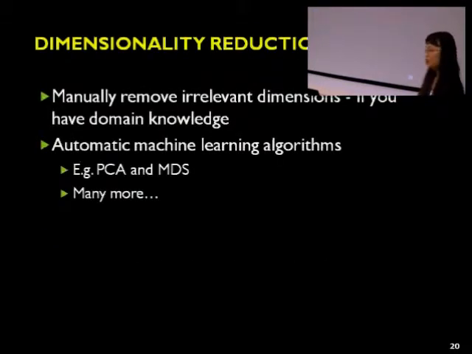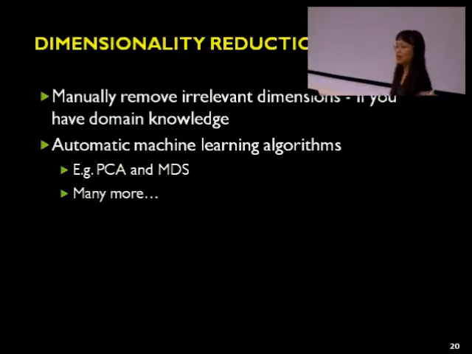I will only briefly mention the main concepts of the two most widely used dimension reduction techniques, namely PCA and MDS. I don't want to be too repetitive, so I will just give you a brief idea of what these algorithms do. Actually, the easiest way of doing dimensionality reduction is manual removal.